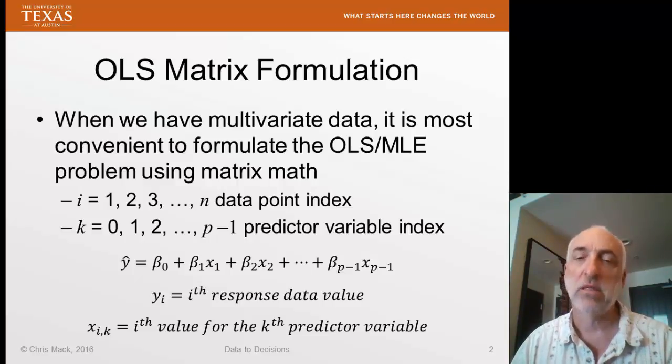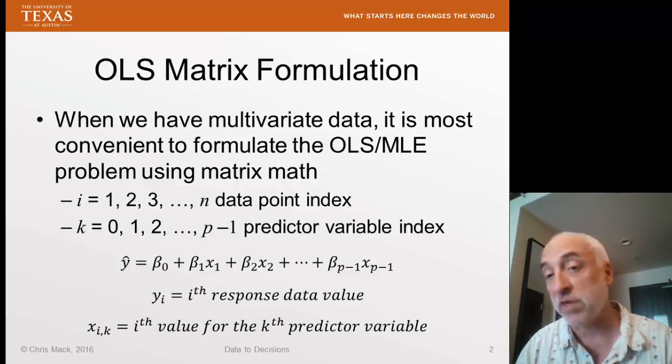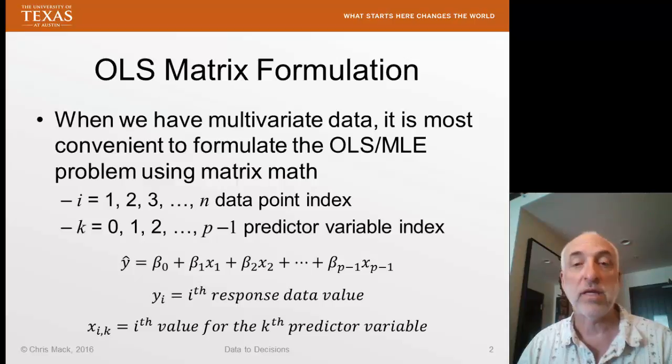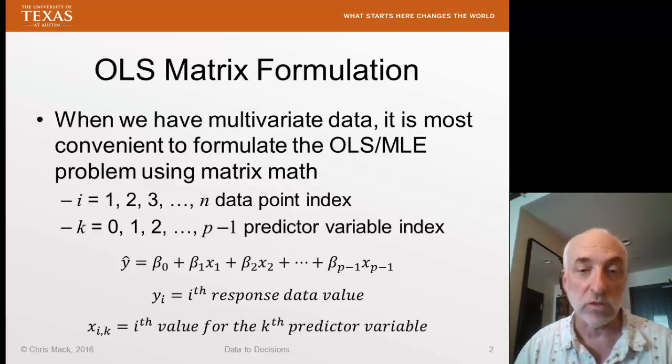Now, note that different textbooks and other sources might define p to be the number of predictor variables rather than the number of parameters. So be careful that people might use the letter p a little bit differently from text to text. But this is the notation that we'll use.